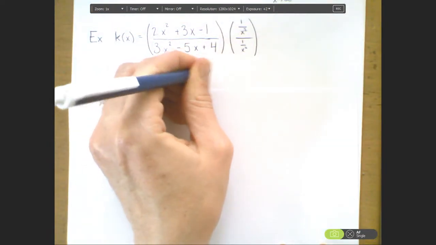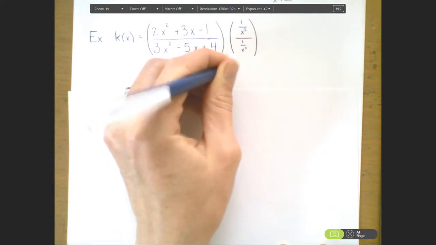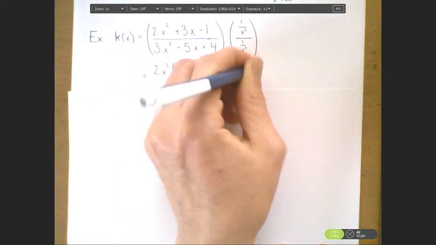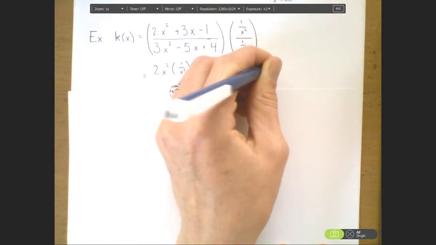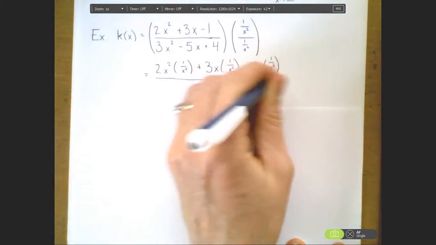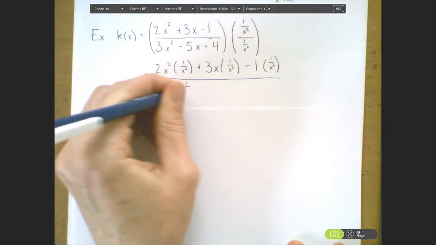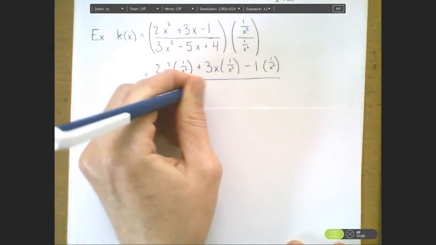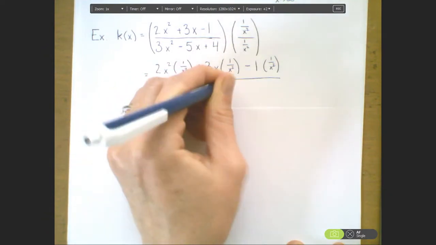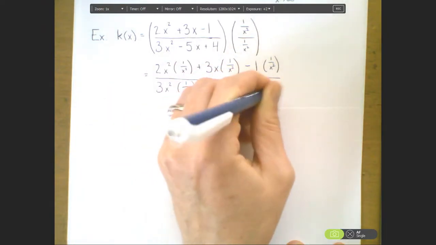Next, I'm going to multiply 3x by 1 over x squared. And finally, I'm going to multiply negative 1 by 1 over x squared. I'm going to do the same thing in the denominator: 3x squared times 1 over x squared, minus 5x times 1 over x squared, plus 4 times 1 over x squared.